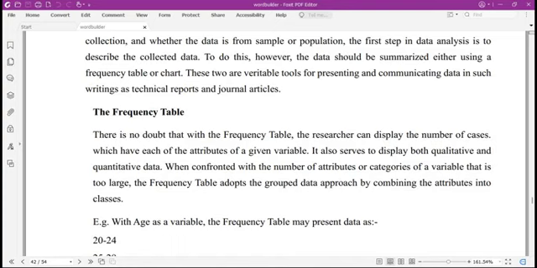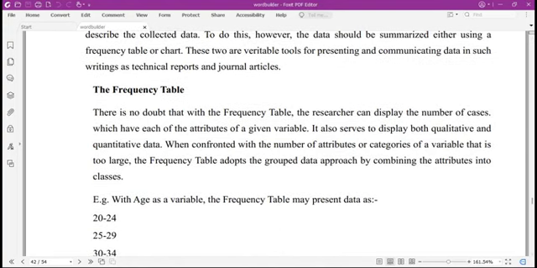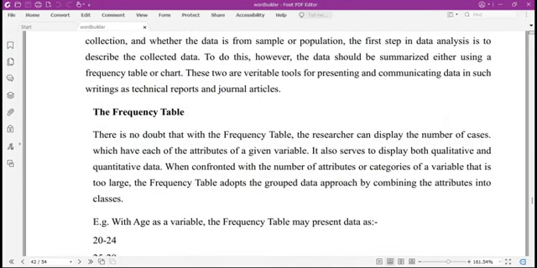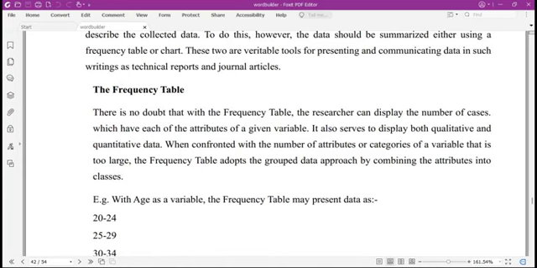So depending on the data you have, the quantity of data you have, if it's not much, you can just use the normal frequency table. But when it is so wide, when it is so much, it groups them into classes.